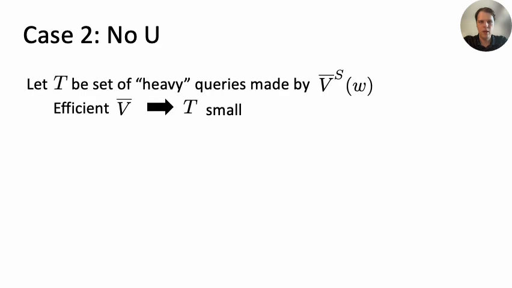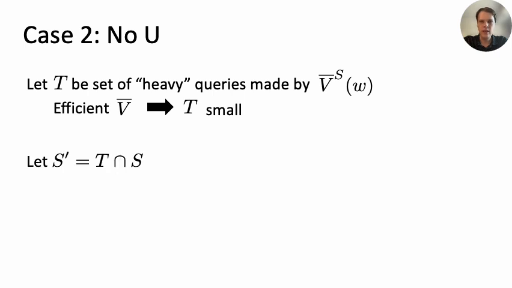So here's what we're going to do. We're going to imagine running V bar, making queries to S on the witness W, and we're going to let T be the set of heavy queries. Here a heavy query is just a point where when we look at the query to S, that point has a significant amplitude. Since the verifier has to be efficient, we know that the total amplitude across all queries is only polynomial, which means that the number of heavy queries can't be too big.